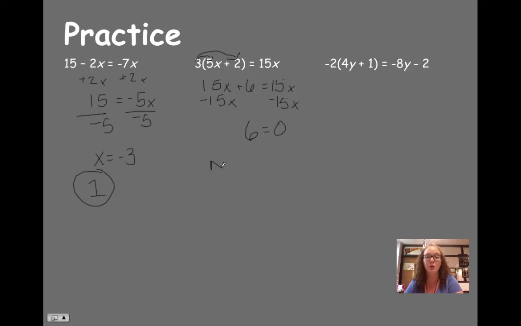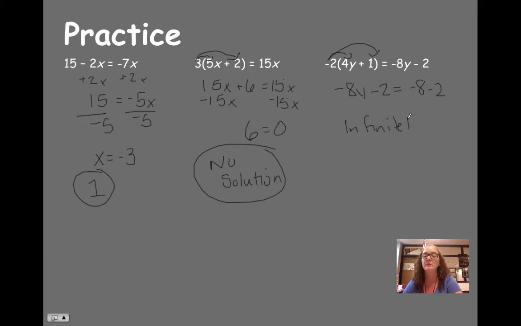Nope, so no solution. And over here, once again, I want to distribute. Okay, they're the same on both sides. So this one is infinitely many solutions.